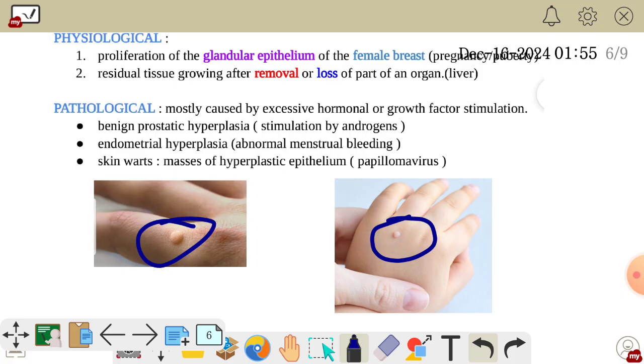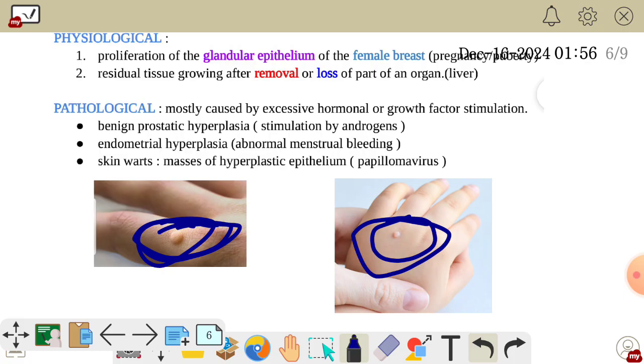So the epithelium, the cells of the skin, are dividing and making these lesions which are observed in these diagrams. So that is an example of a pathological hyperplasia because it is occurring in a condition or in a disease.